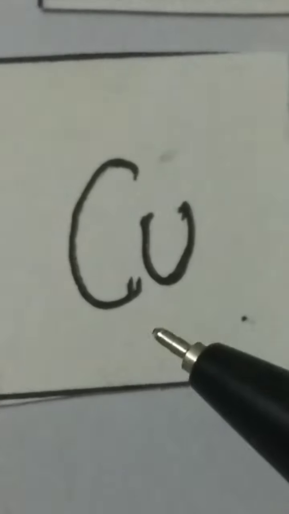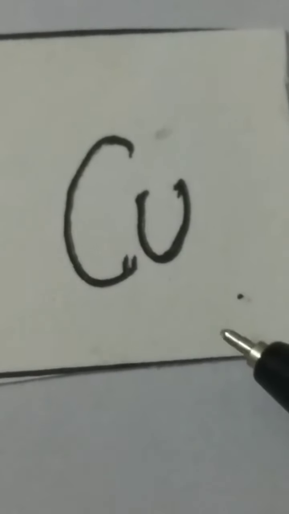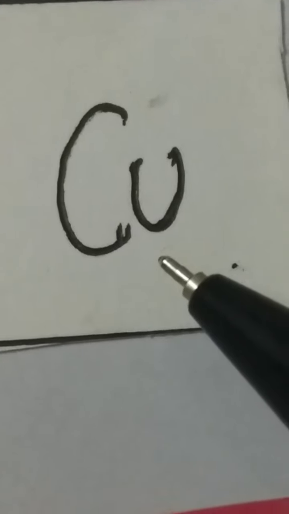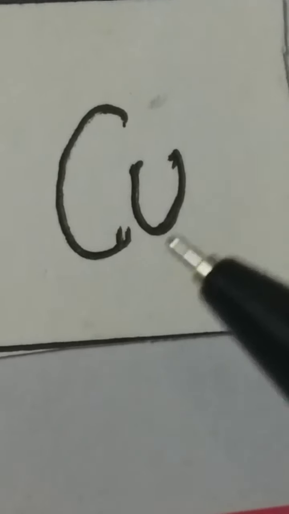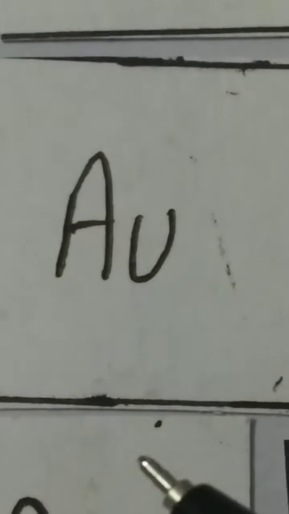Similarly, this symbol is Cu. What is its name? Copper. Copper is red brown. So we use a symbol instead of writing copper in English. Au, this symbol represents gold.